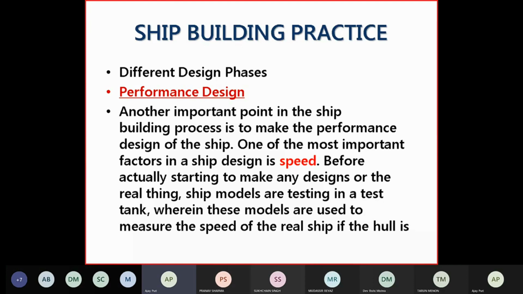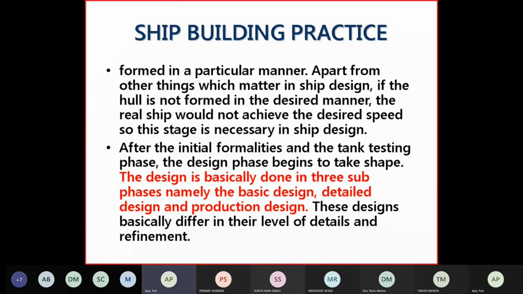So on this basis your actual ship will be built, and this is subjected to the various stresses, and accordingly that testing is done. So the hull shape has to be made in that particular manner, otherwise it will not match your specifications. So initial formalities are done and your tank testing done, and the design phase will begin to take shape.